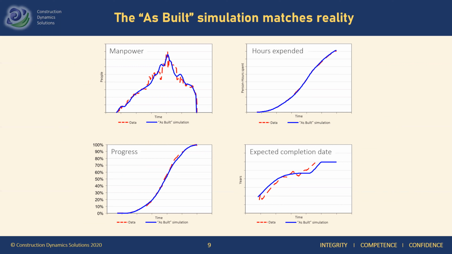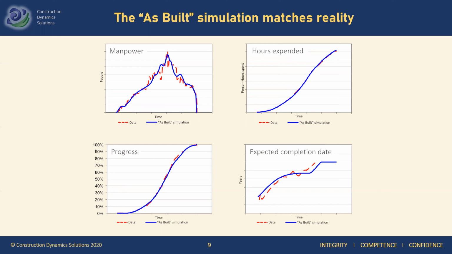So when this model is correctly set up and calibrated, it is the most complete, most thorough, most accurate, most plausible explanation of what actually happened on your project that you could possibly get.